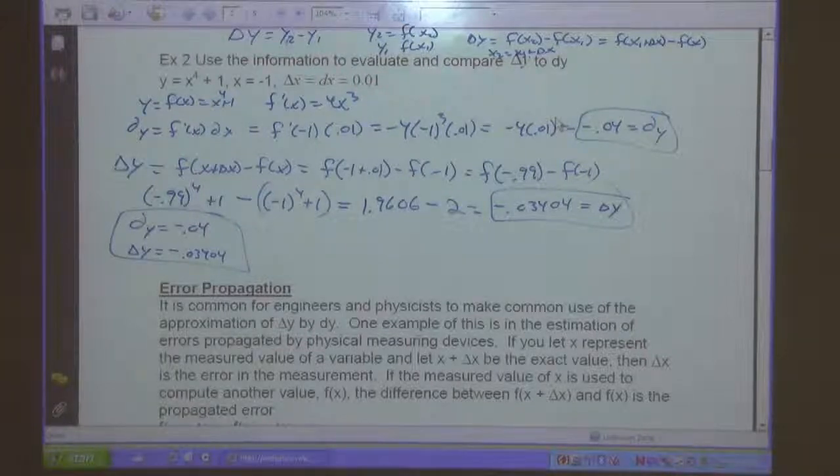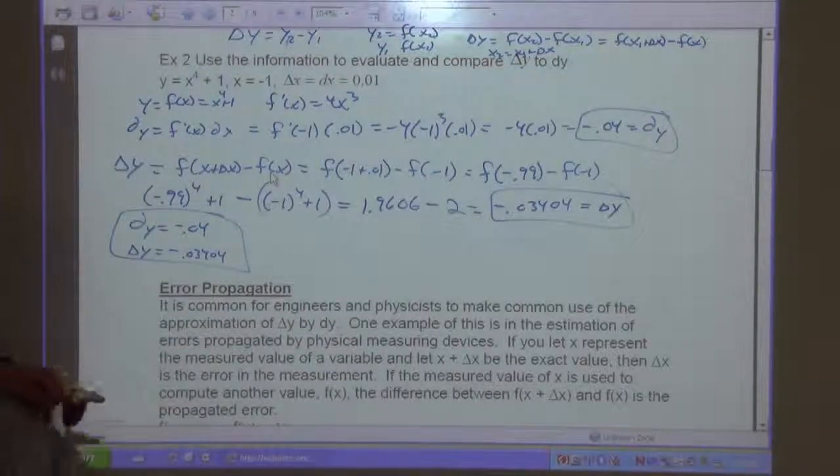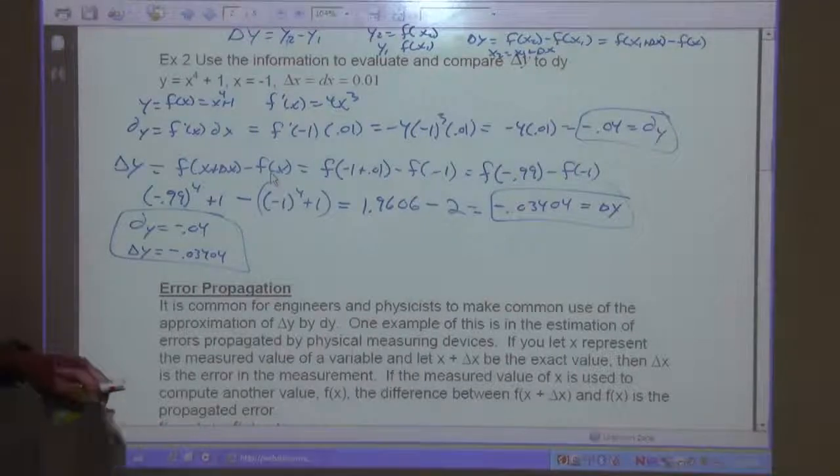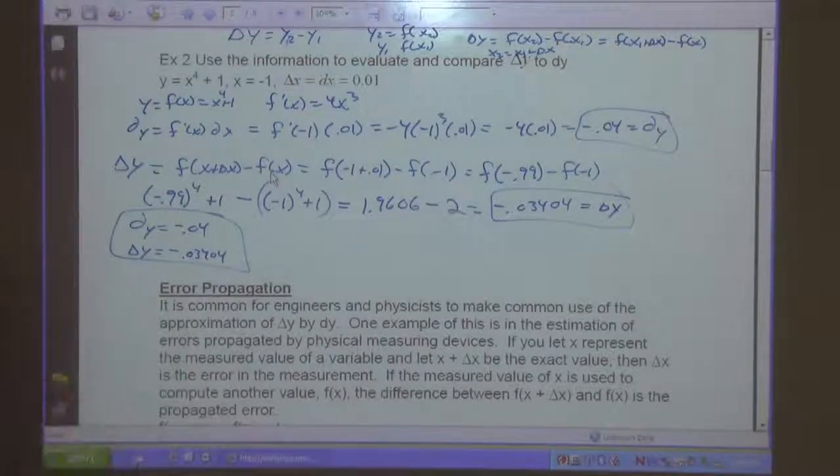Okay, next thing we're going to talk about is error propagation. Engineers and physicists make common use of the approximation of delta y by dy. One example of this is in the estimation of errors propagated by physical measuring devices. If you let x represent the measurement value of a variable, and let x plus delta x be the exact value, then delta x is the error in the measurement.